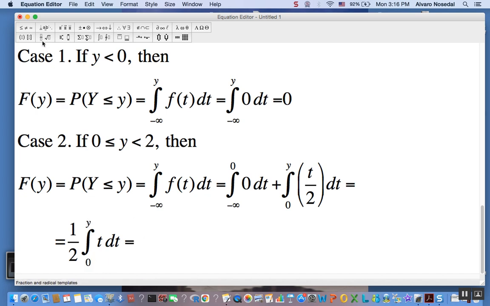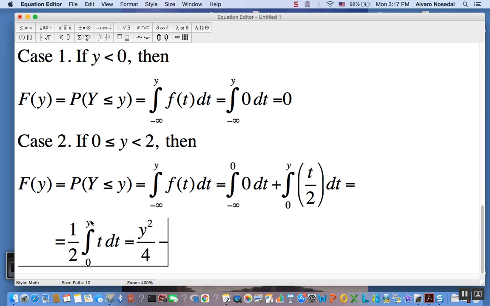So let me write that down. It's going to be y squared divided by 4, because we had t squared divided by 2 times 1/2.